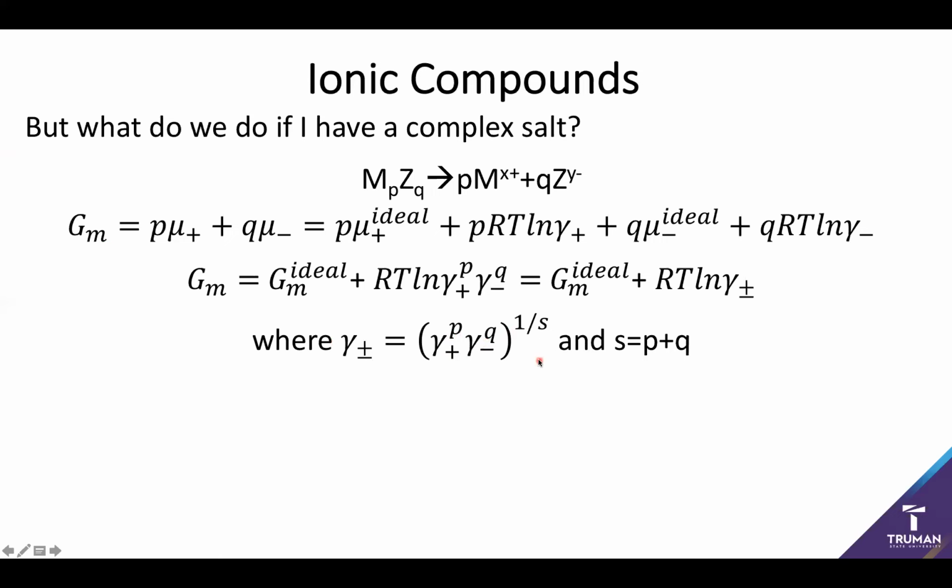So essentially what this does is again help us average out the system. So if I say have a 3-to-1 ratio, we're going to find the activity coefficient is going to more heavily emphasize the more abundant species.